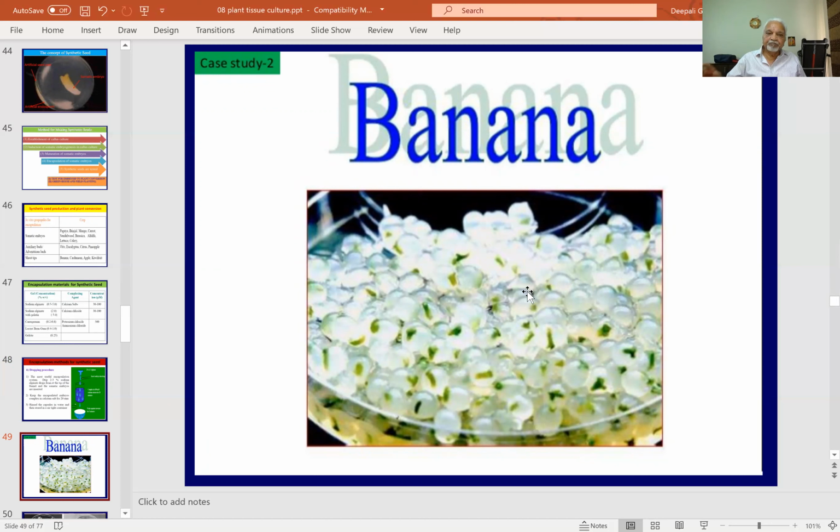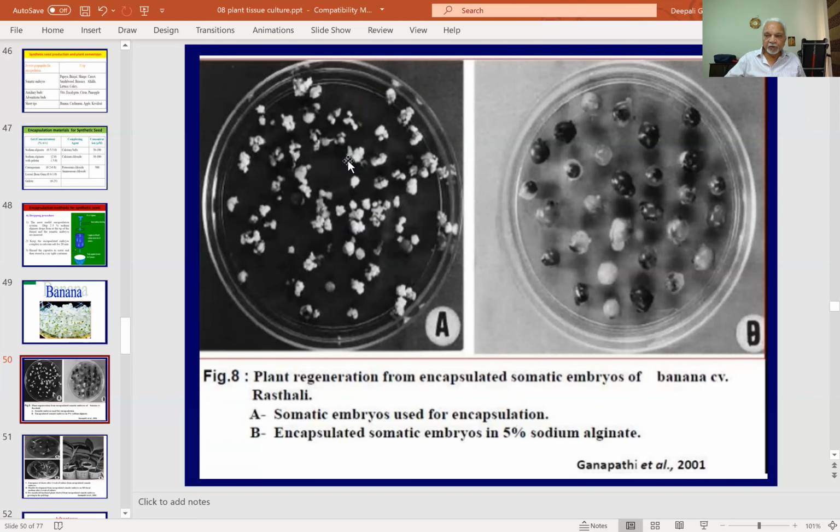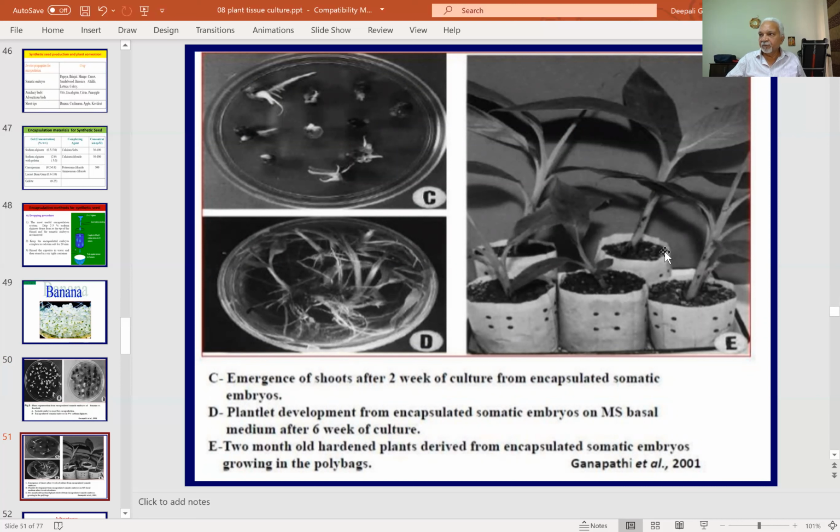Again, this is part of micropropagation, generating synthetic seeds for storage purposes. You can take each one of them, for example like this, and put it on the growth medium for germination, and then you can see them germinating, shooting, rooting, and they are transferred to pots and then taken to the field.